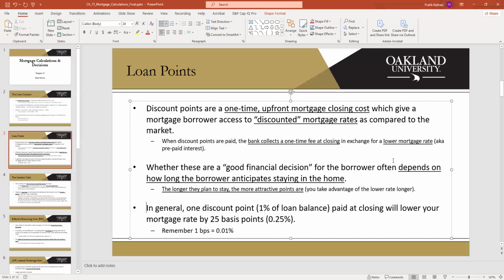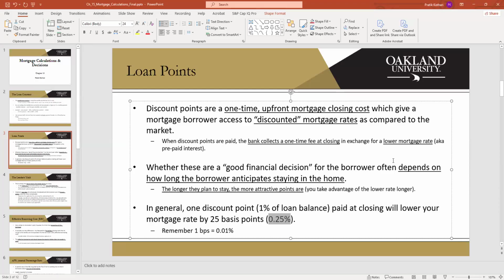In general, one discount point means the mortgage rate goes down by 25 basis points. So usually you pay 1% of the loan balance. So suppose that you have a loan of $500,000, you will pay 1% of $500,000, so $5,000 to reduce interest rate by 0.25%. Okay?